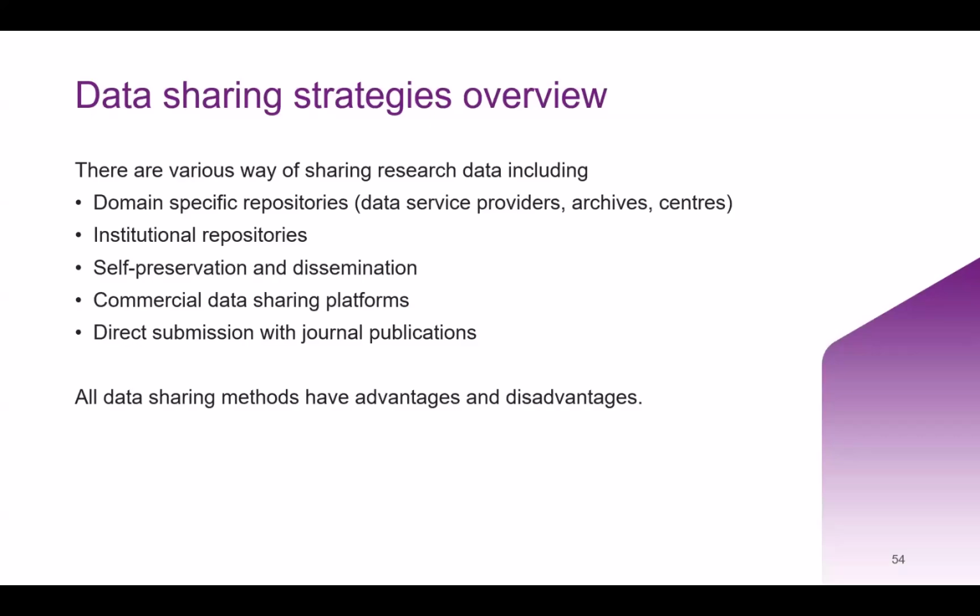Institutional repositories, especially at universities, provide another option for storing and managing research data. Some researchers choose self-preservation and dissemination, keeping their data on a secure hard drive and sharing it with those who request it. Commercial data sharing platforms offer private options for distribution, and data can also be shared directly alongside journal publications.